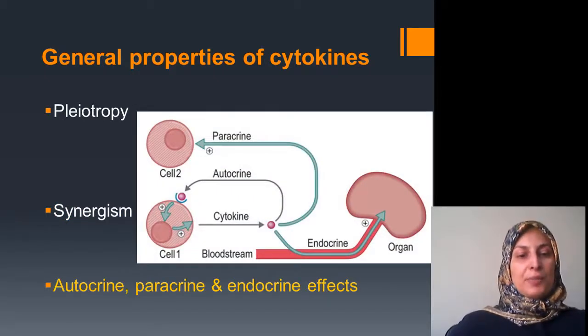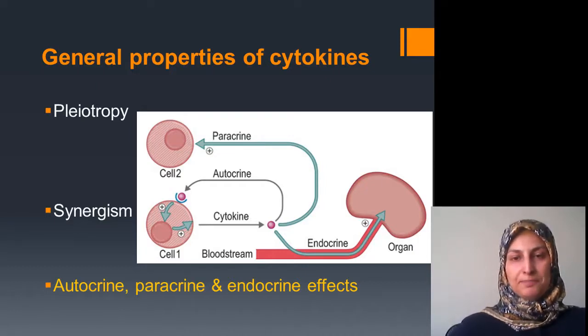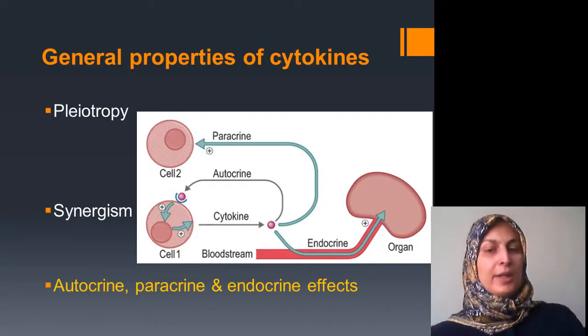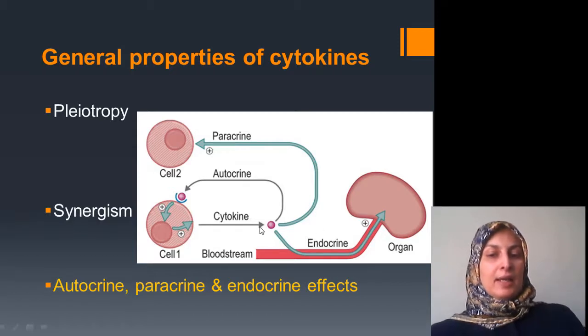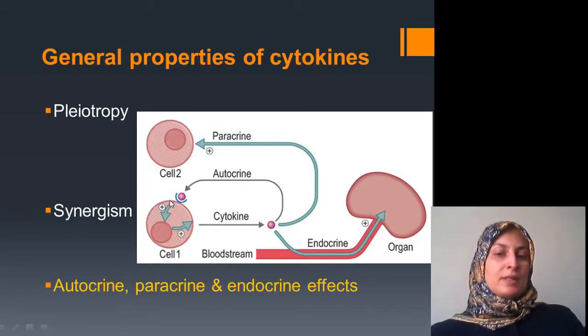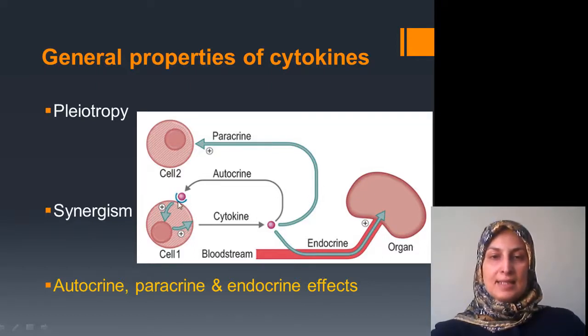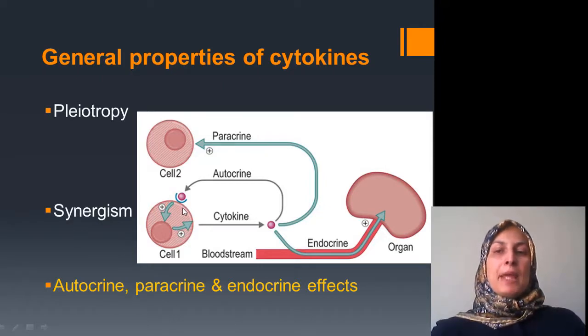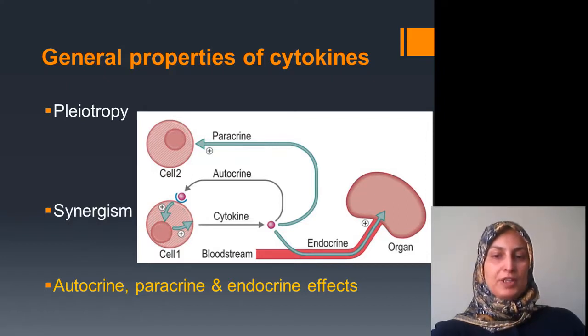The last property is that the cytokine might have an autocrine function. In autocrine, the cytokine will bind to the cytokine receptor that is present on the same producing cell, and this would enhance the function of the cell and make sure that the cell continues its function for a longer duration.